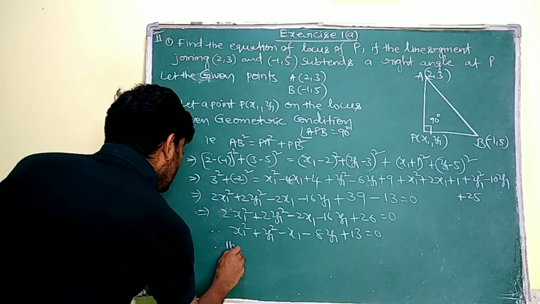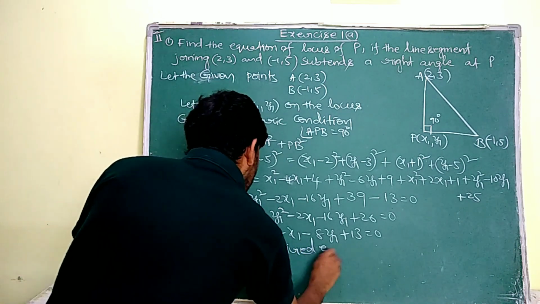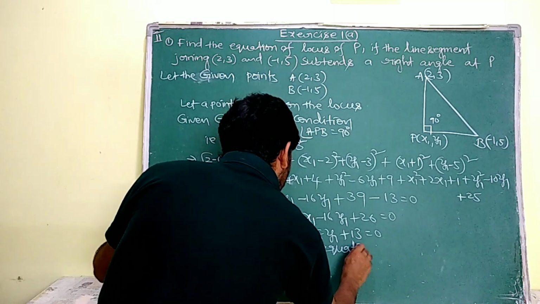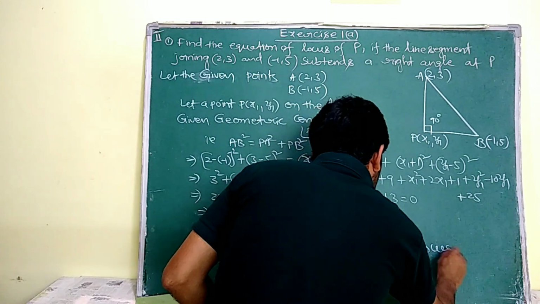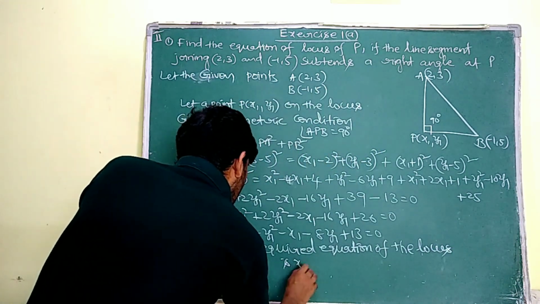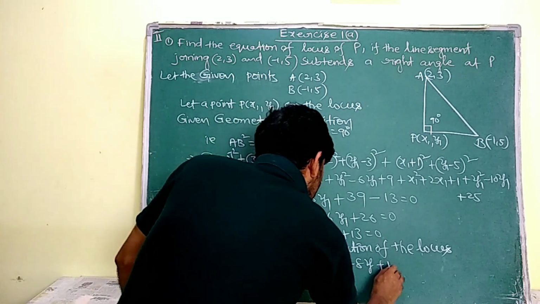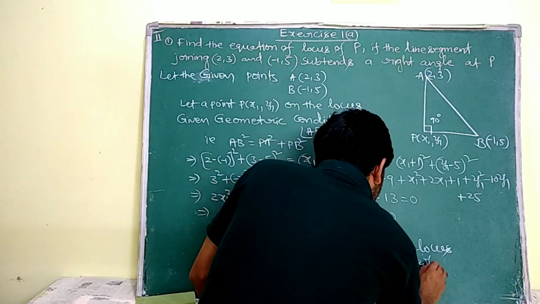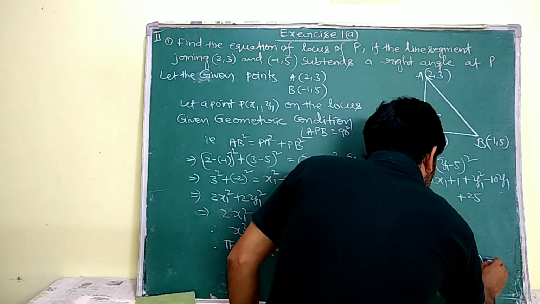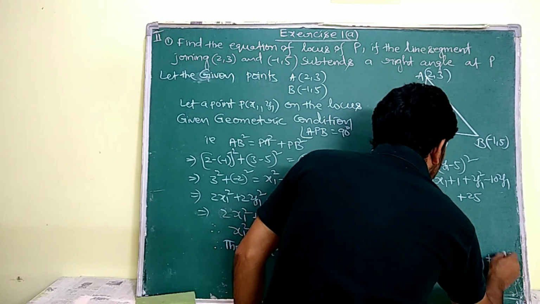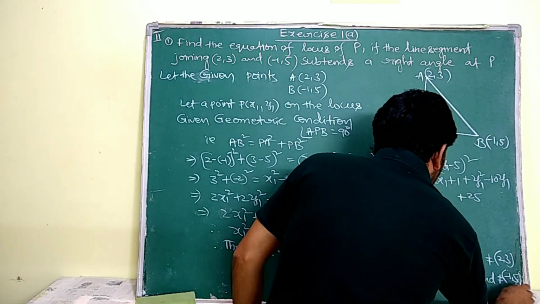Therefore, the required equation of the locus is x square plus y square minus x minus 8y plus 13 equals 0, where (x1, y1) is not equal to (2, 3) and not equal to (-1, 5).